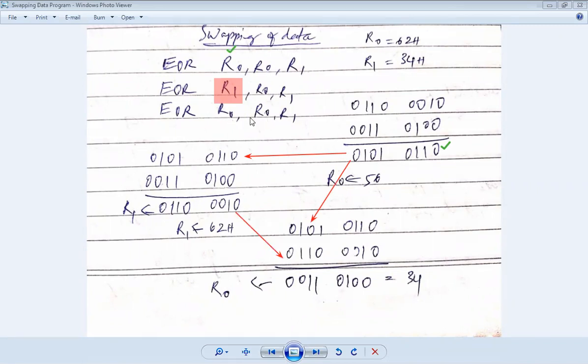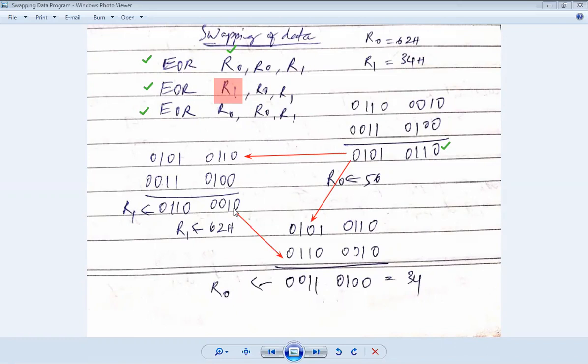As we finish the first, second, and third iteration of XOR, we should be able to see that R0 finally has 0, 0, 1, 1, 0, 1, 0, 0. This is actually the value of R1, 3, 4.